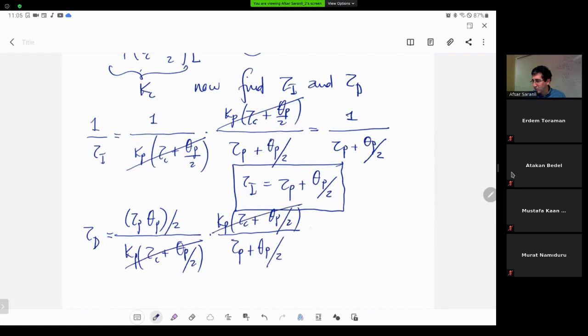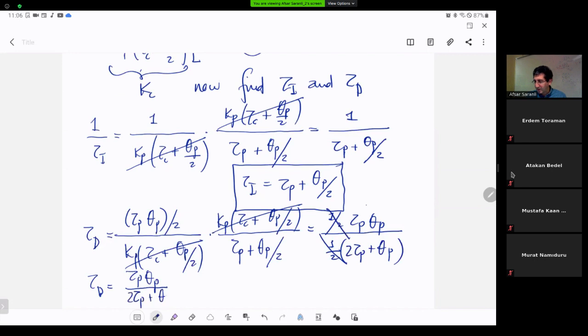These terms cancel out, so you get also 1 over 2 terms. Okay, so we can write it like this, 1 over 2 times tau p theta p over 1 over 2 times 2 tau p plus theta p. Okay, 1 over 2's cancel out, and your tau d turns out to be tau p theta p over 2 tau p plus theta p.